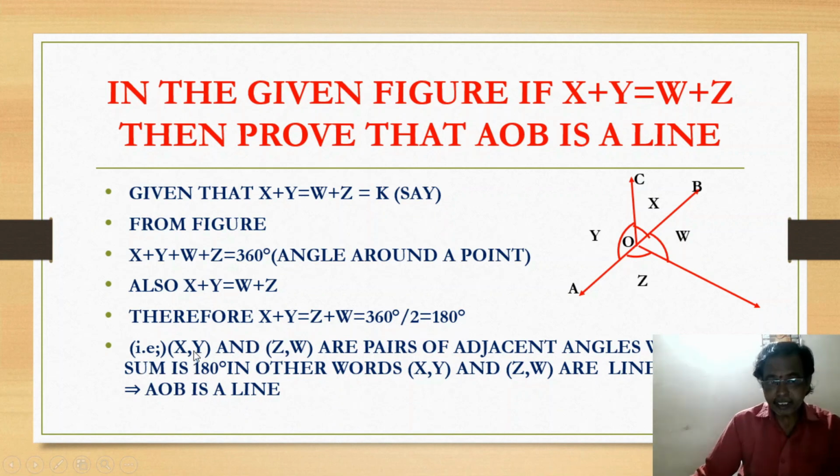The pair x and y and the pair z and w are pairs of adjacent angles whose sum is 180 degrees. In other words, we can say the pair x, y and the pair z, w are linear pairs. So that's why AOB must be a line. In this way we can prove these types of important sums.